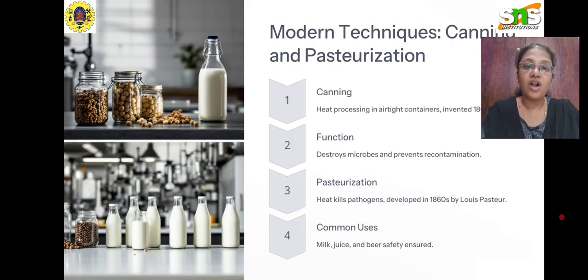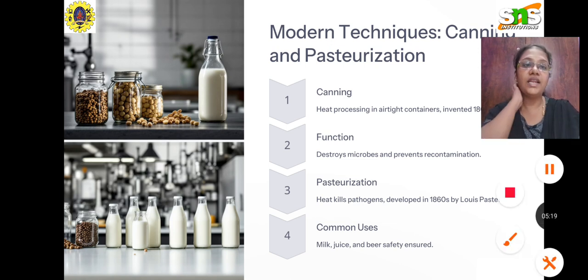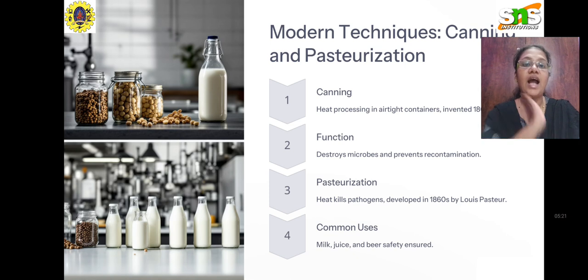And coming to the modern techniques, as we already discussed, pasteurization, canning and sterilization, and freezing all come under the modern methods of preserving food material. Canning, we all know, is done by using airtight containers where the food is subjected to heat.